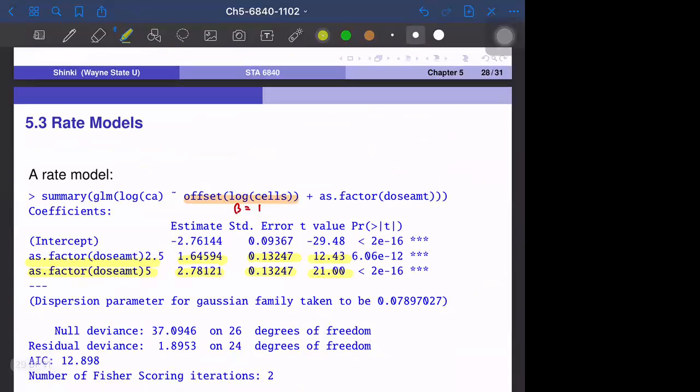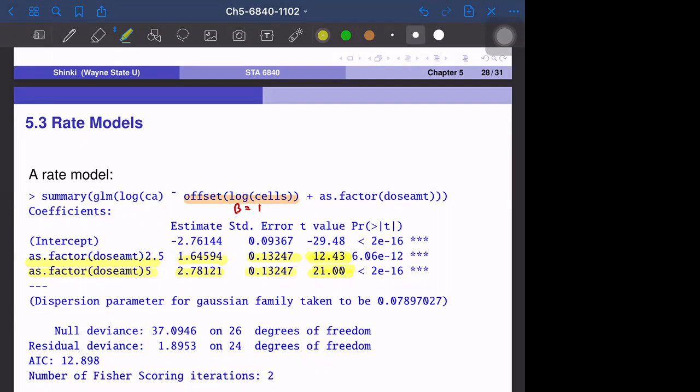You can easily imagine that if the data is worse, then the offset model, the rate model, gets more significant variables. Of course, if we don't put the offset function, then we can optimize that parameter also, so the error gets smaller.